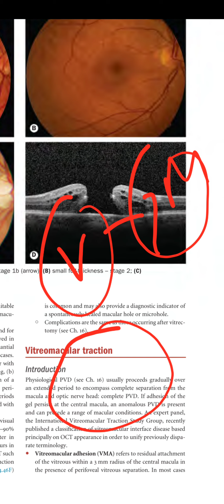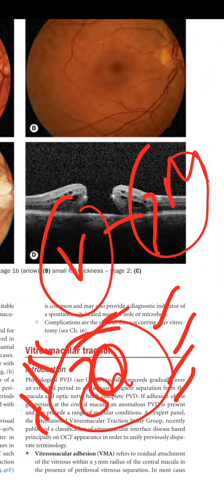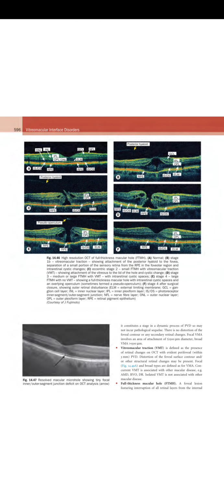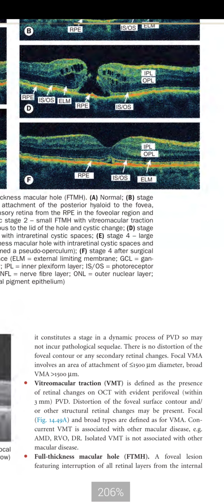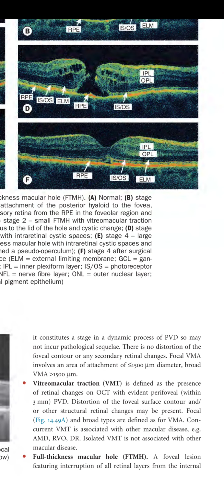So the macula is attached at the 3 mm of the fovea, whereas the periphery is detached. In most cases, it constitutes a stage in a dynamic process of PVD, so may not incur pathological sequelae. There is no distortion of the foveal contour or any secondary retinal changes.